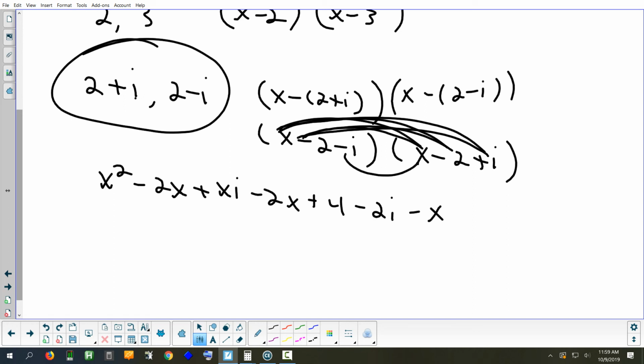That's the answer. So x squared minus 4x plus 5. That's a polynomial that has these as its roots. A little more work to FOIL, but really a lot of it just cancels out. That is definitely on the test on Friday.